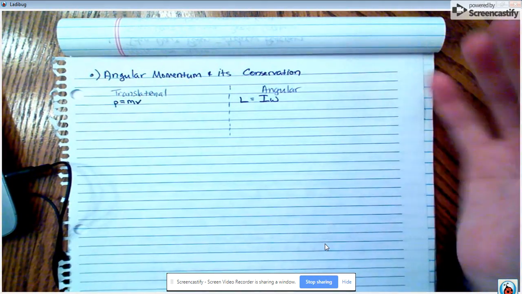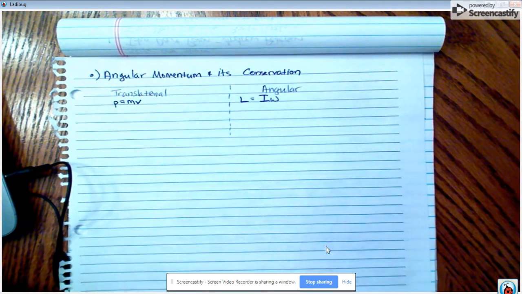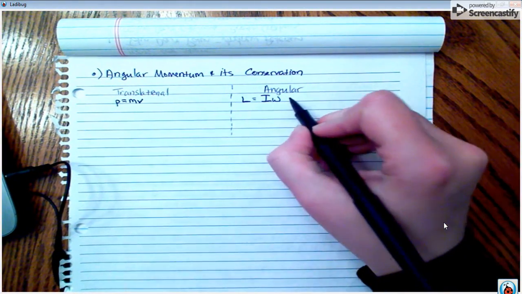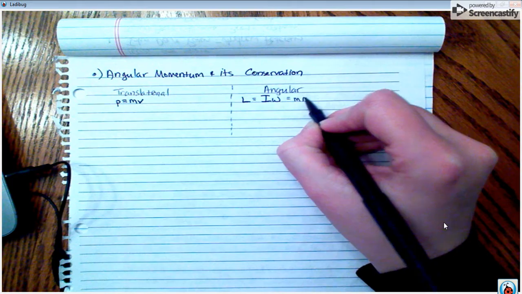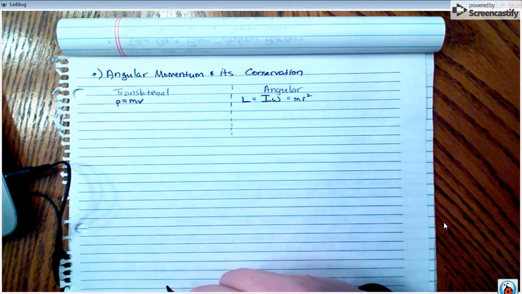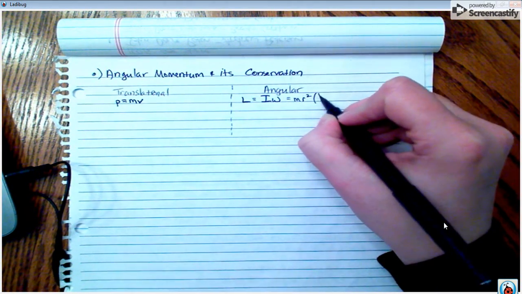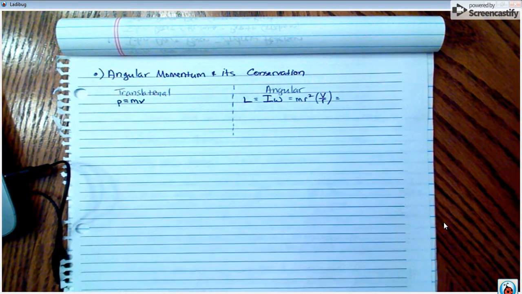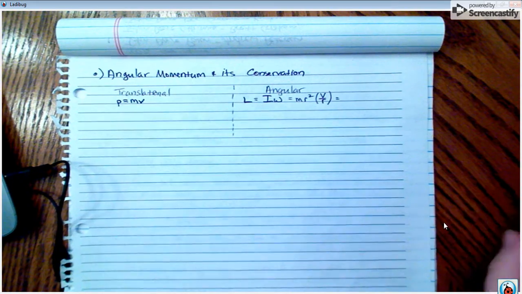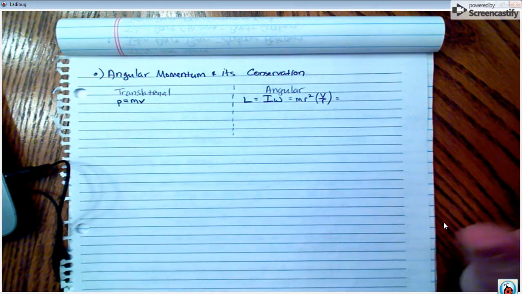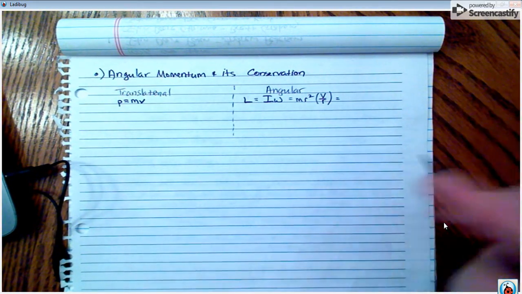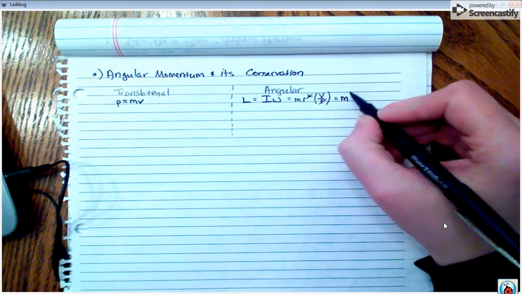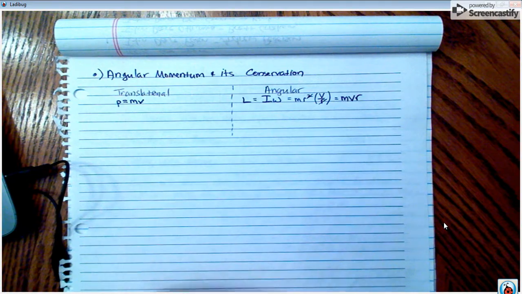Now, there are some other equations we can use for this. If we just look at I, we can break I down to mr squared, and omega to v over r. So we can also express this in linear terms, even though this is an object that's rotating in some cases, spoiler alert. Then we can simplify this down to mvr, and that's the equation you'll see a lot of times.